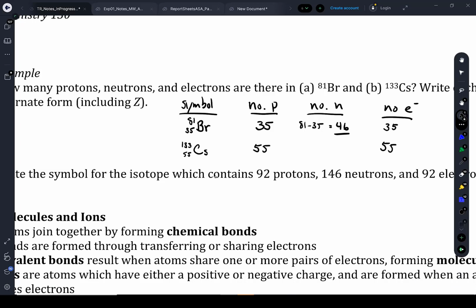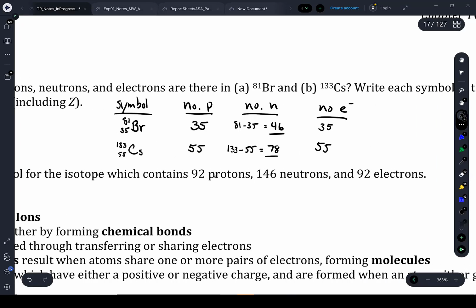And this would again be protons plus neutrons, called the mass number, minus the, what's it called? The number of protons, the atomic number. So 133 minus 55 is 78. Good. Are we fine on that?